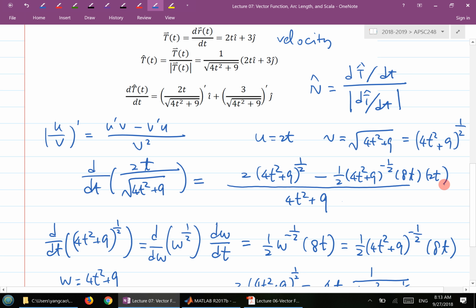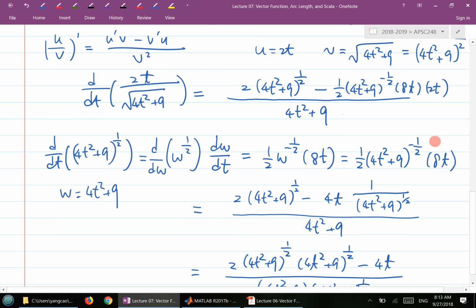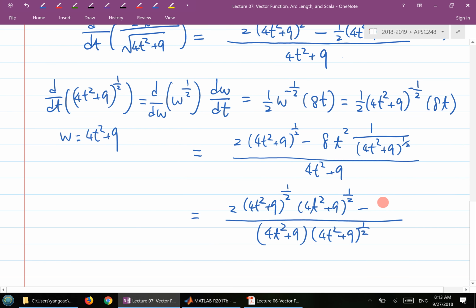That's the kind of mistake you could make. So now, instead of 4t, this is becoming 8t squared, isn't it, right? And now this is 8t squared. Excellent.